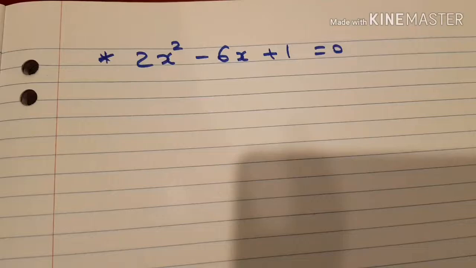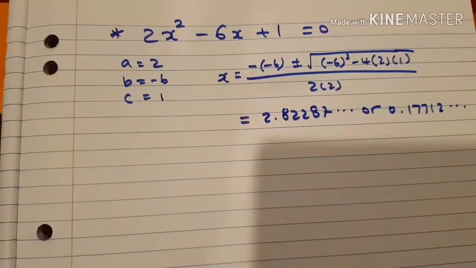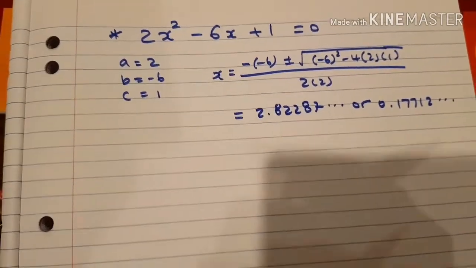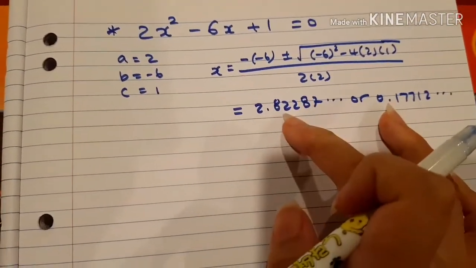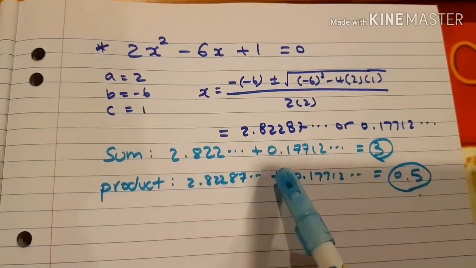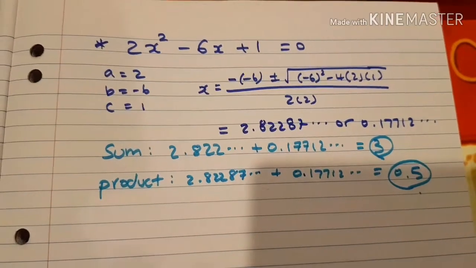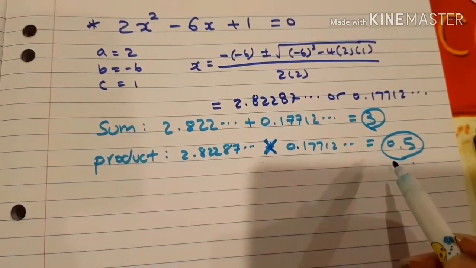Same, I'm going to use the quadratic formula to calculate the roots. Okay, doing so, I get the 2 roots. Right, let's try adding them and multiplying them. Alright, by adding the roots and multiplying the roots, this time I get 3 and 0.5.